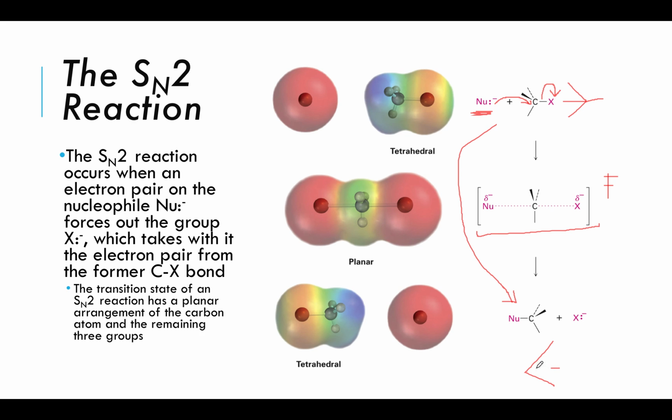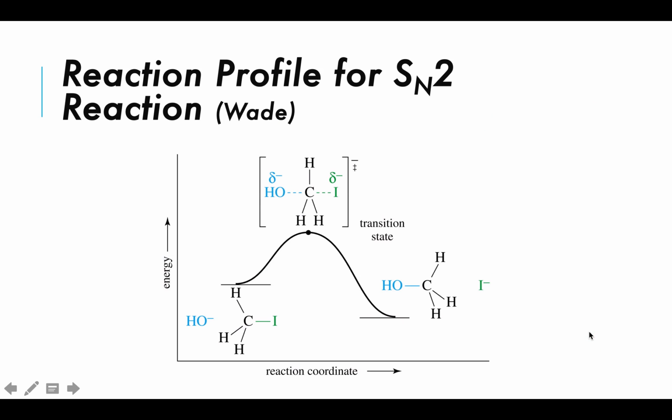Our substrate, or our molecule now, is a tetrahedral pointing the other way, with this as our leaving group. Leaving group, nucleophile. What do you notice? The direction of our tetrahedral started to face the other way.